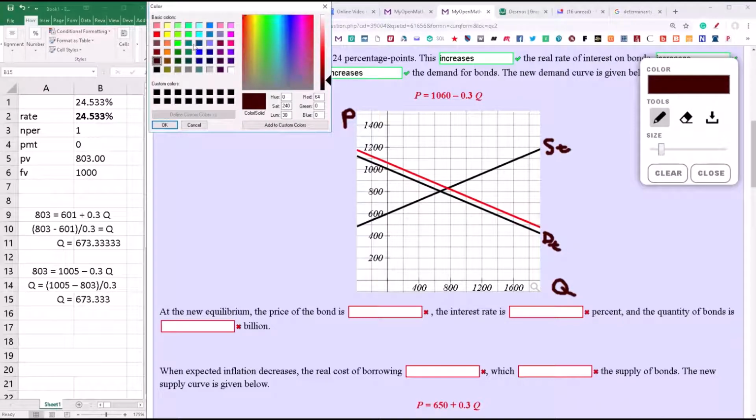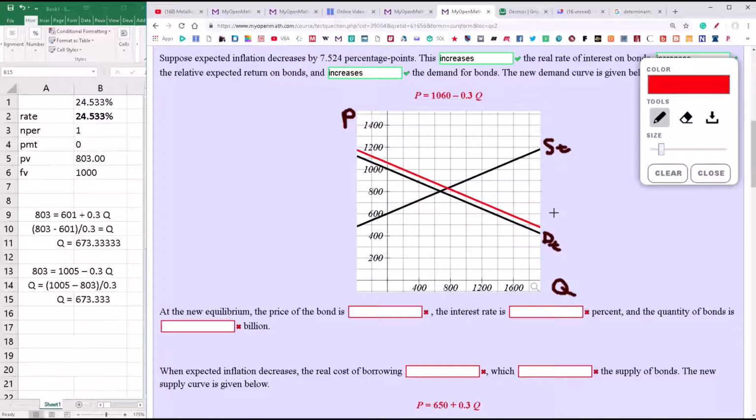Change this to red. Demand for bonds, not today, but in one period from today. And then let's draw in the new equilibrium point.